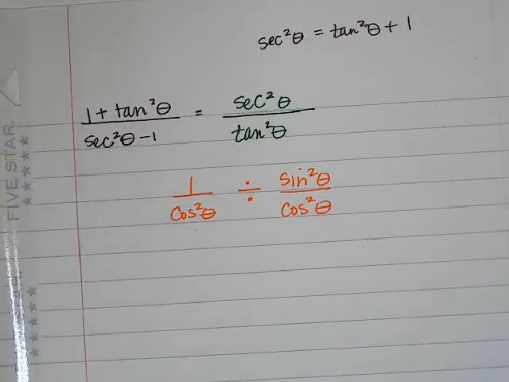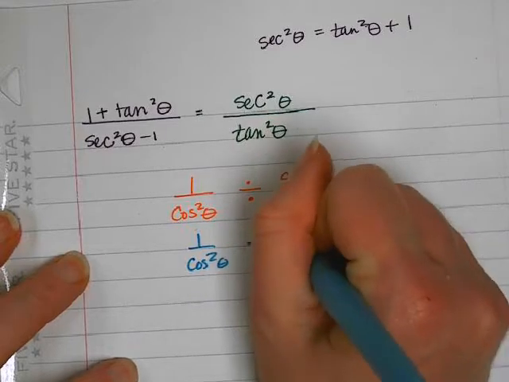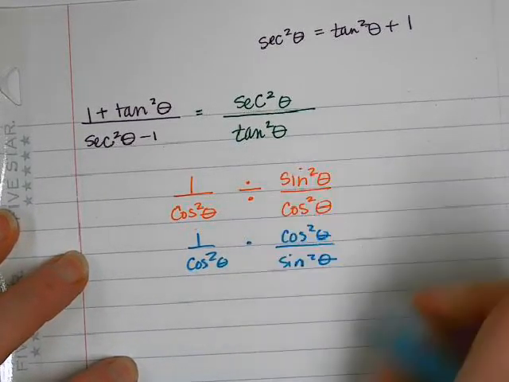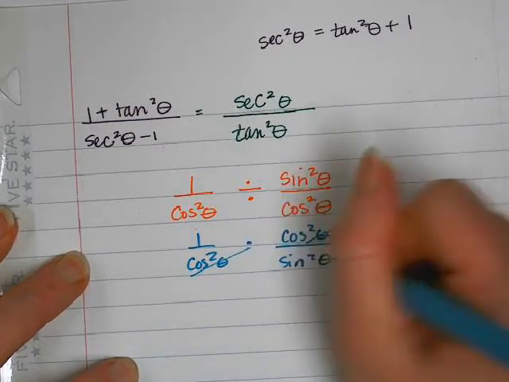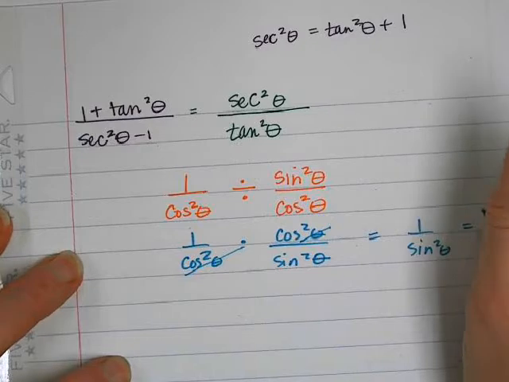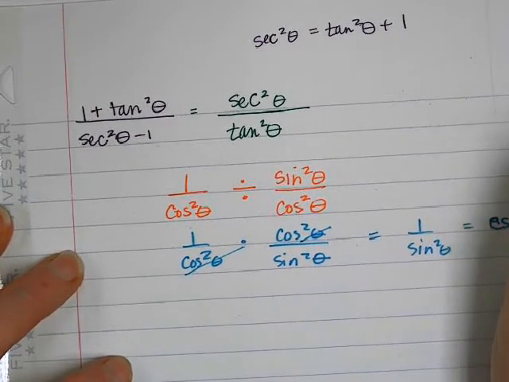So 1 over cosine squared theta times cosine squared theta over sine squared theta. My cosines cancel. You're left with 1 over sine squared theta, which is, actually, they don't want quotients, so you go back and put it as cosecant squared theta.